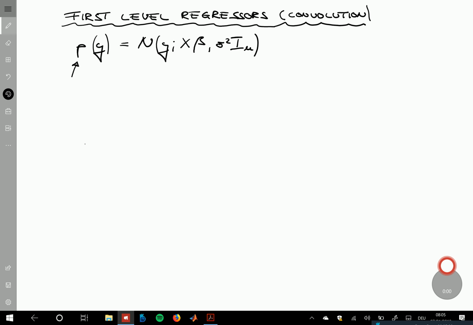Exactly, very good. This P refers to a probability density function. This whole thing describes a probability density function over Y. What is Y?